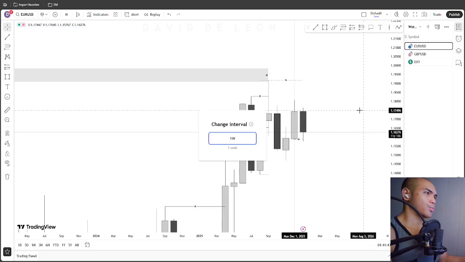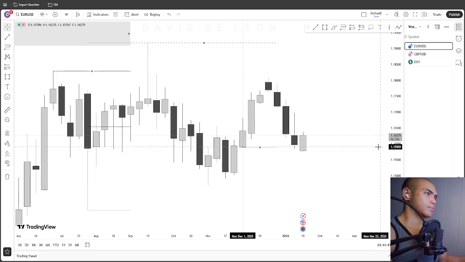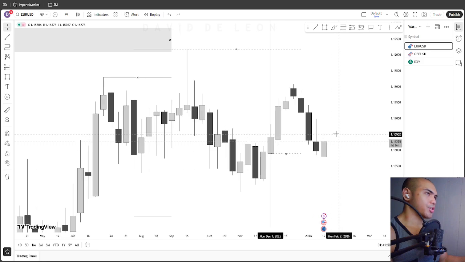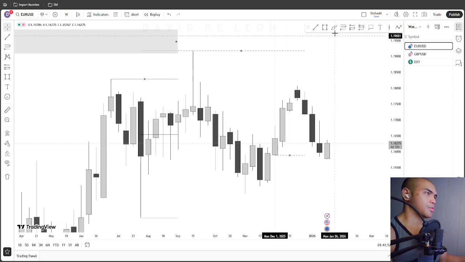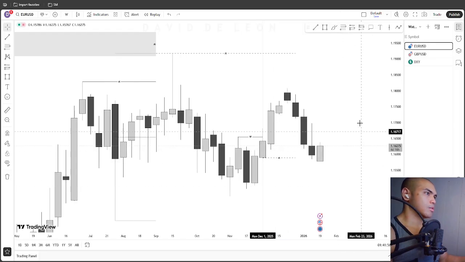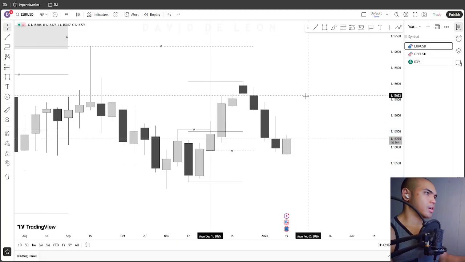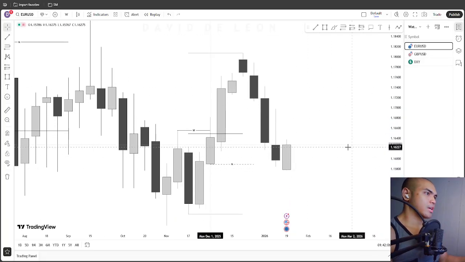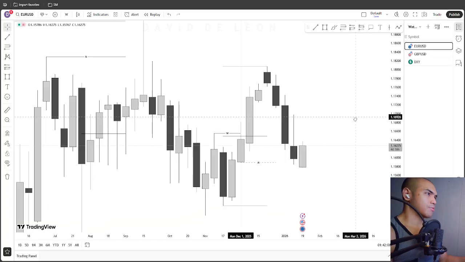Going down to the weekly chart, we can see that we are also bullish on this chart. We have a bullish weekly structure, and we are currently in the discount zone.